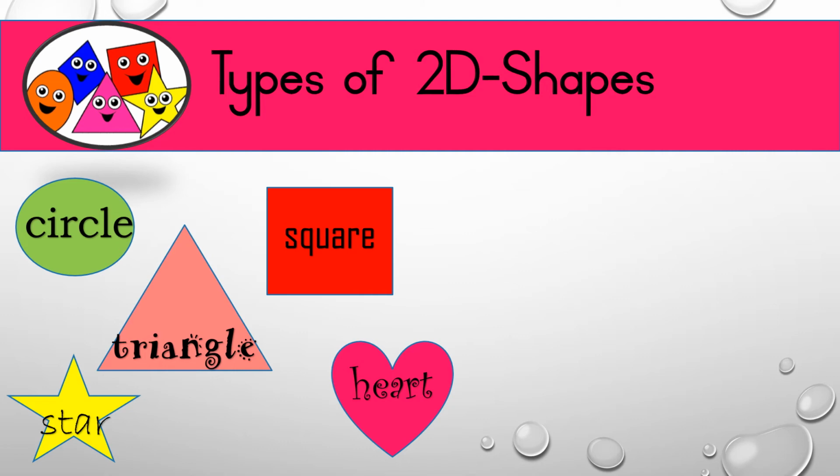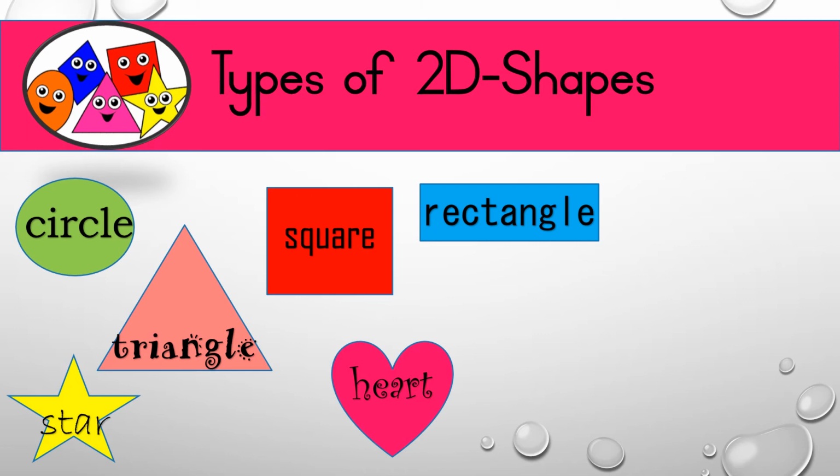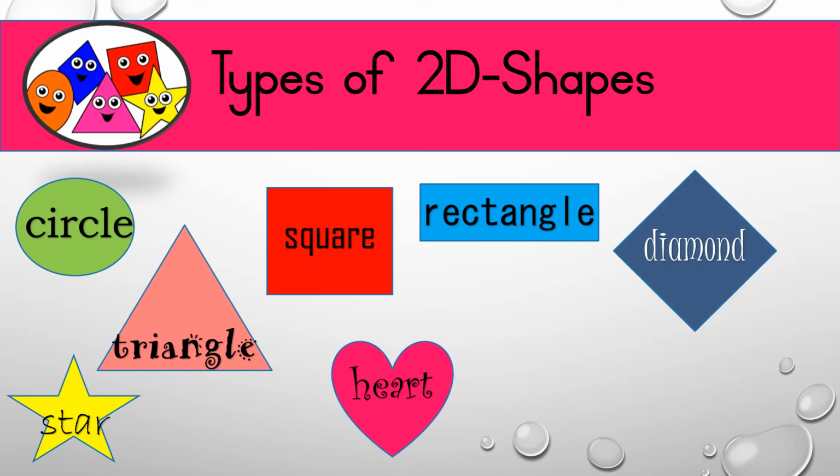We all can make a heart with our hands to show our mommies and daddies how much we love them. A rectangle. What is a rectangle that is in front of you? If you look at your phone, then you will see a rectangle. A diamond.